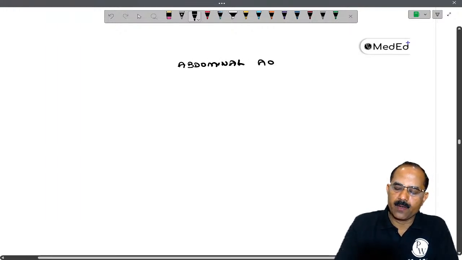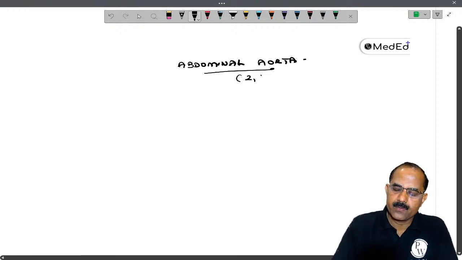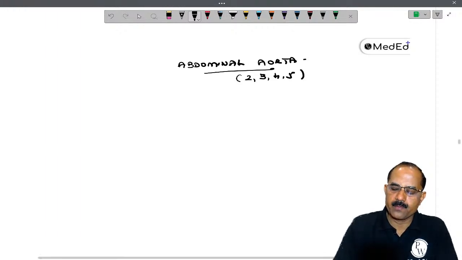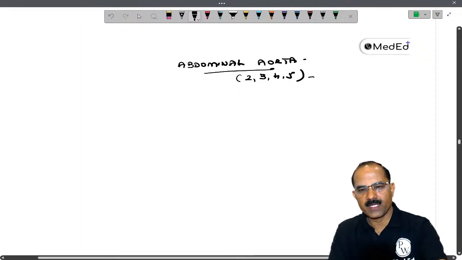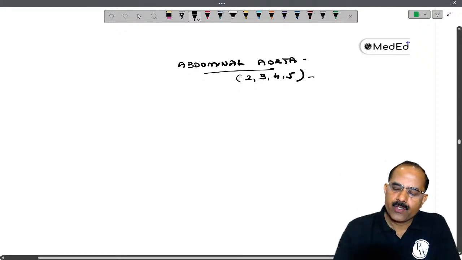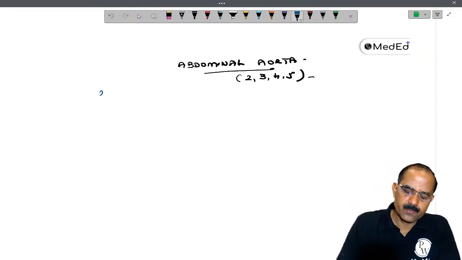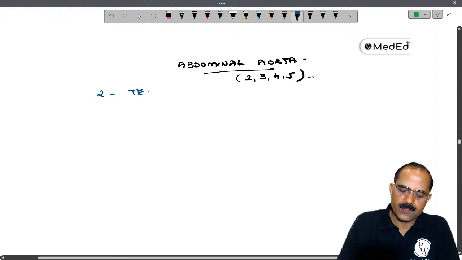Abdominal aorta. उसके branches होते हैं 2, 3, 4, 5. बस ये याद रखना. So many of the MCQs will be clear to all of you. So 2 terminal branches at L4.